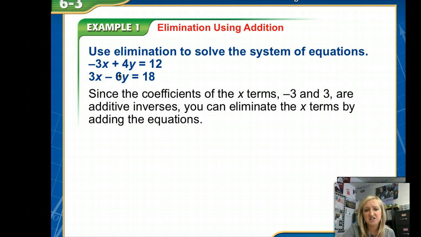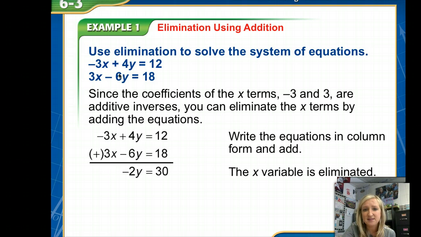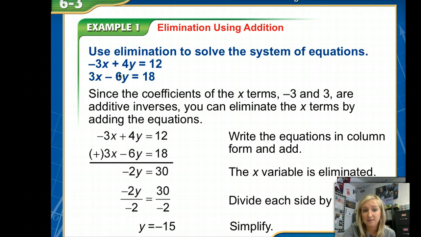Since the coefficients of the x terms, -3 and 3, are additive inverses, you can eliminate the x terms by adding the equations. So all you're doing is setting it up like an addition problem. When you take -3 plus 3, it eliminates, so you're only left with what's left. In this case it is -2y equals 30, so y equals -15. Now, same rules apply.